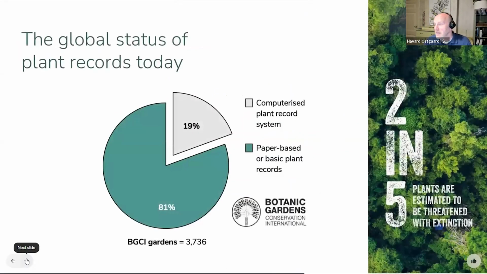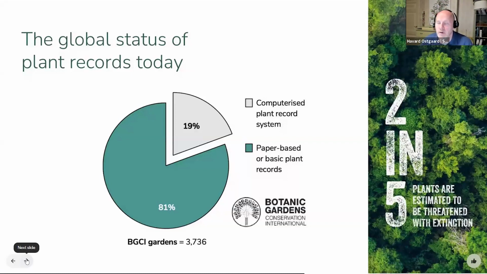Okay, so some numbers from Botanic Gardens Conservation International: as a global community, more than 80% have very basic solutions for plant records. And if you look at the challenge from the report on the state of the world's plants and fungi, 2 in 5 plants are estimated to be threatened by extinction.